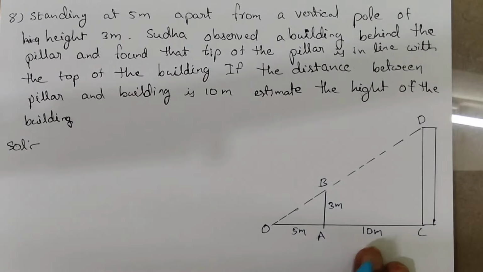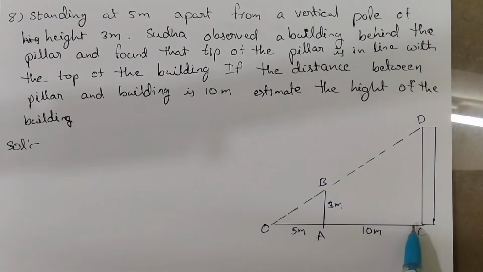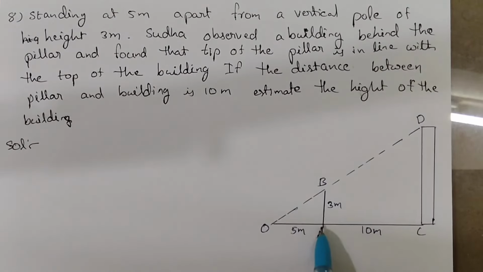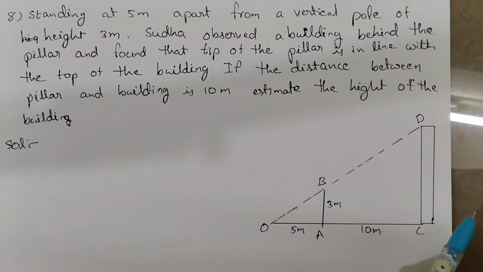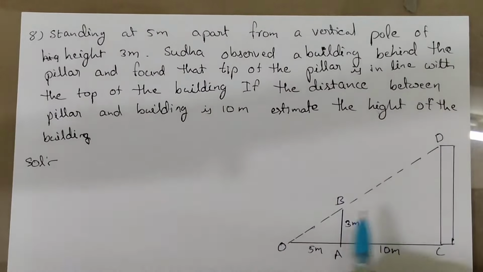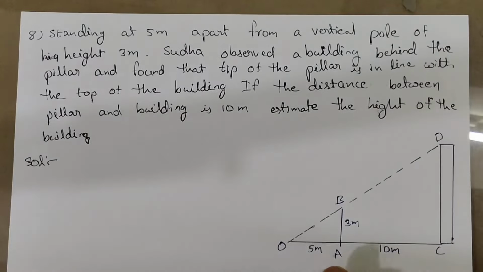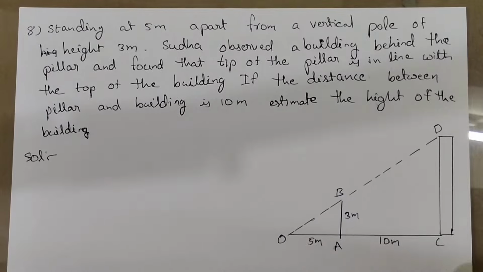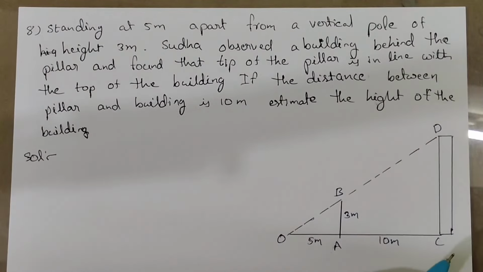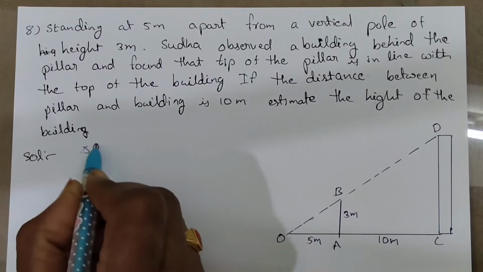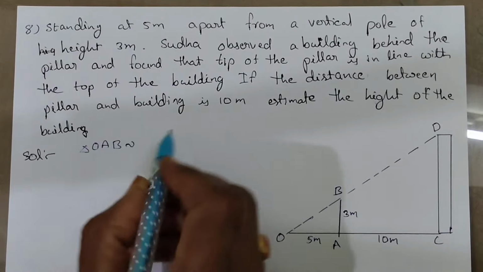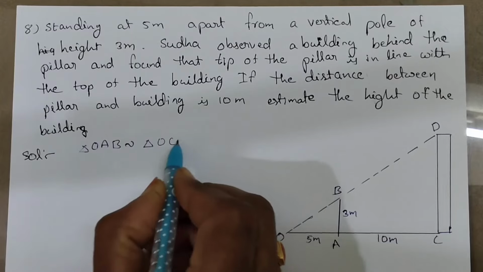Now we observe the diagram. Here DOC and BOA are two triangles. These two triangles are similar, so the corresponding sides are also in proportion. Triangle OAB is similar to triangle OCD.